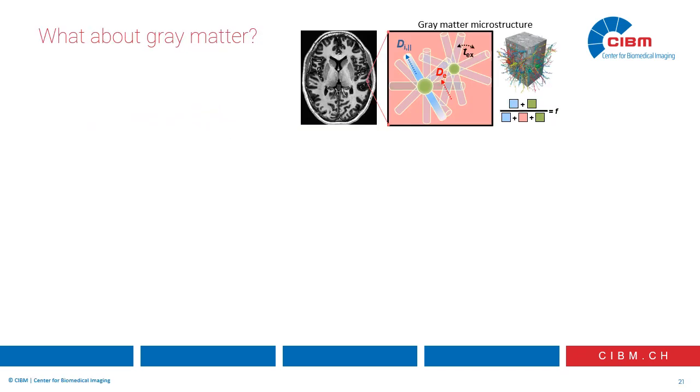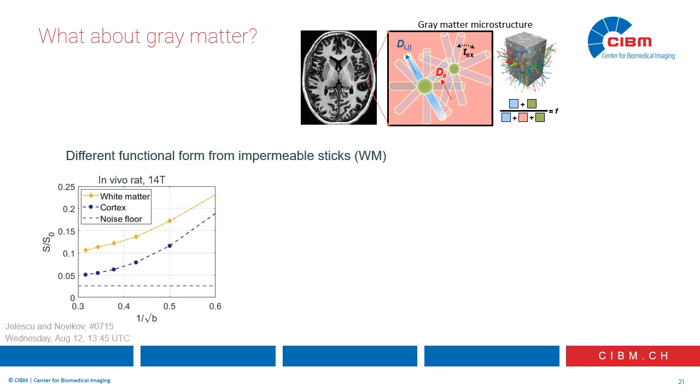So what about gray matter? Of course, the model there should be completely different, but again, going to high Q values helps us gain insight as to how it should be different. First of all, we observe experimentally a different functional form from that of impermeable sticks, which has been shown to hold in white matter, like I've explained.